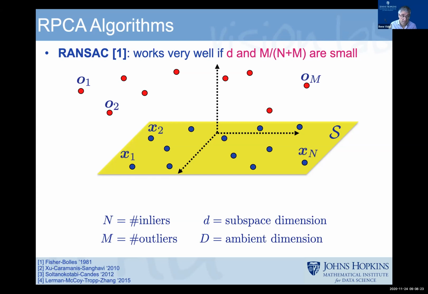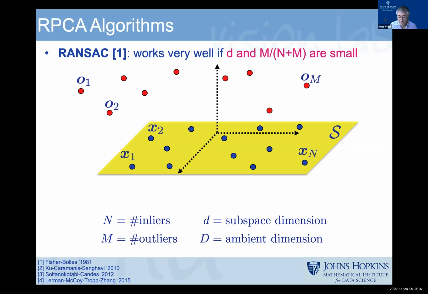As the name suggests, you alternate between random sampling and consensus. So you sample, in this case, let's say this is fitting a plane, you sample two points. Let's say you are unlucky and you sample two red points, and then you fit the subspace to those two red points and the origin. It's not going to have a lot of support. It's not going to have many other points that pass through that hypothetical plane.